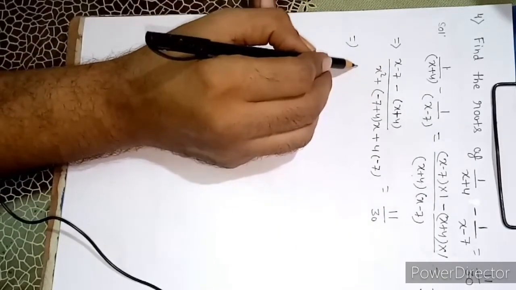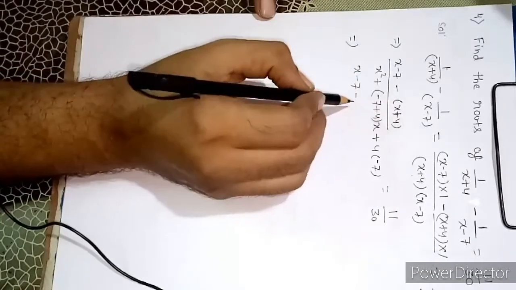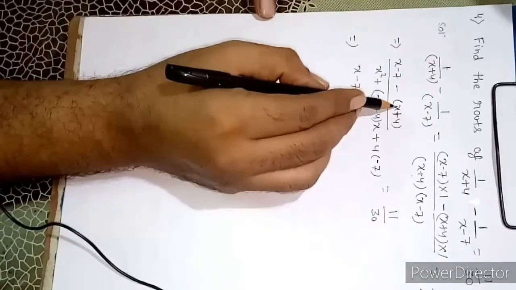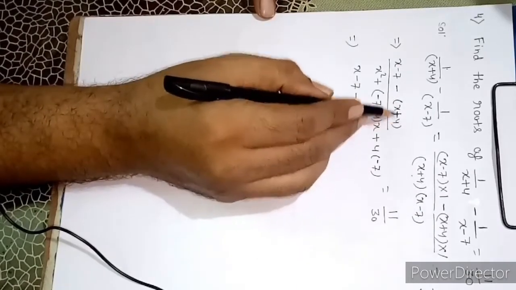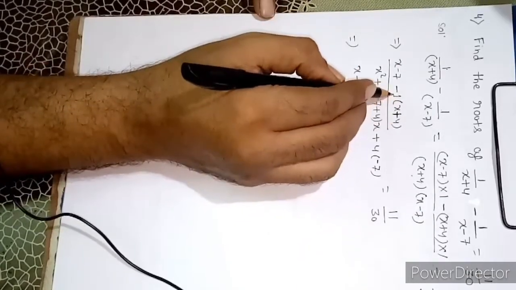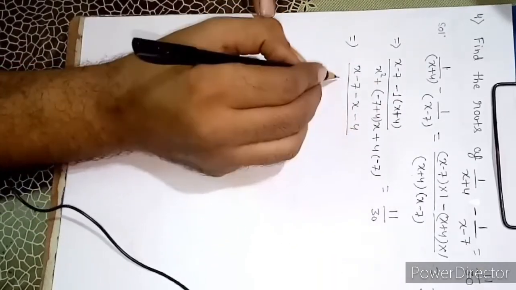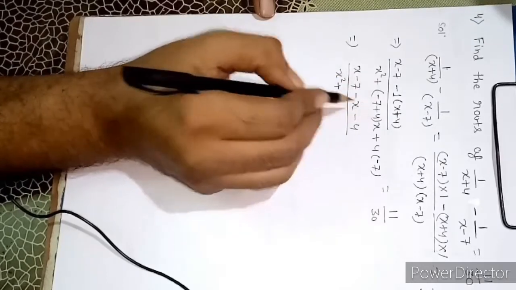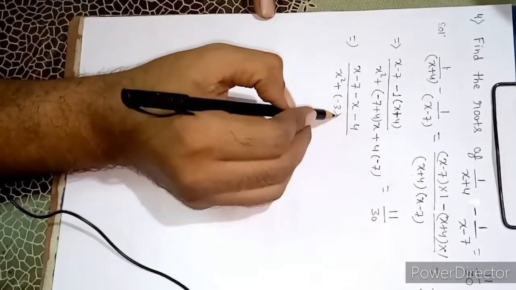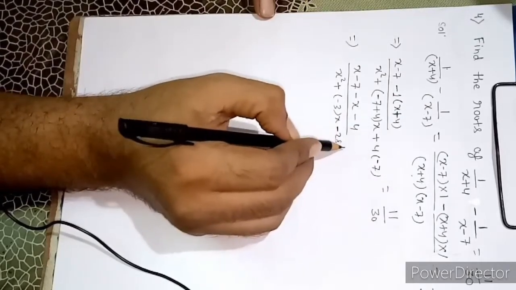Now if I split the bracket, you are getting minus into x is minus x, minus into plus is minus, and here nothing is written, it means there is 1. 1 into 4 is 4. Now here you see minus 7 plus 4 is minus 3x plus 4 into minus 7 is minus 28.